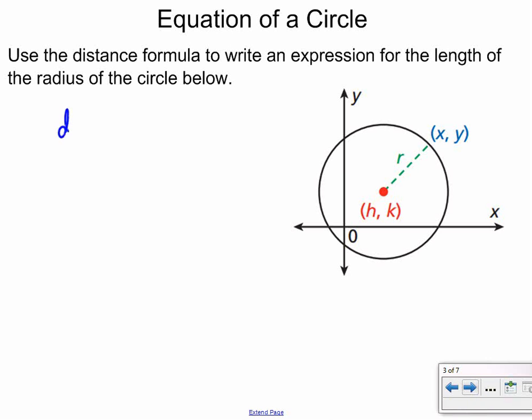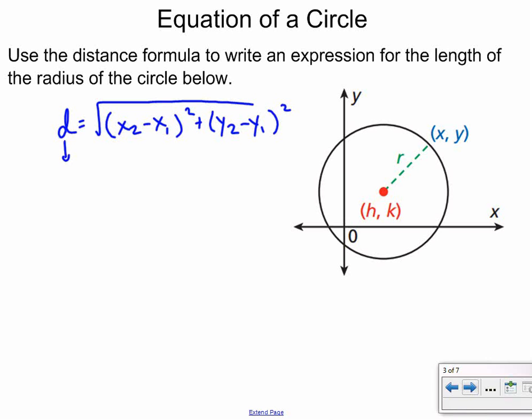Remember, the distance formula is d equals the square root of (x2 minus x1) squared plus (y2 minus y1) squared. Now, as I just said, the distance here between the points is my radius, so I'm going to replace d with r. And then I'm going to plug in the points from this picture here, where (h, k) is my center, and (x, y) can represent any point on the circle.